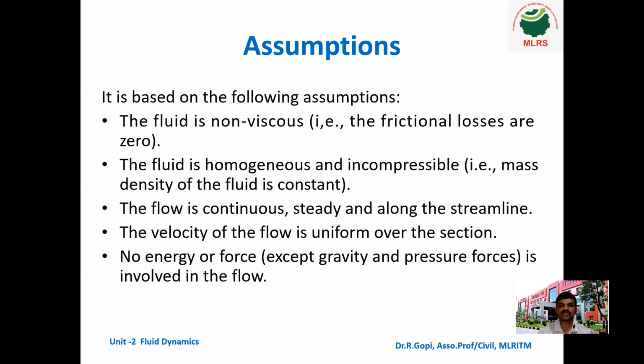And the other is the pressure force. We know that when a fluid is flowing, some pressure occurs, and that pressure force is involved in the flow. So these five important assumptions are necessary while deriving Euler's equation. Keep it in your mind.